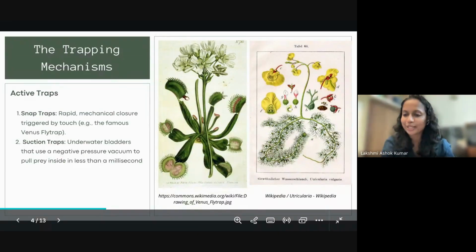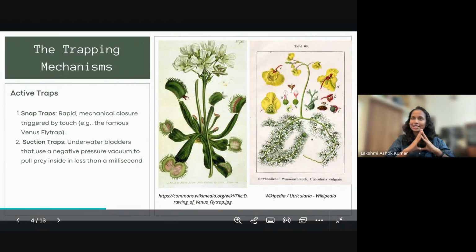So now we can look into the different trapping mechanisms that these different families of carnivorous plants use. This is very interesting. People who know about carnivorous plants are, I'm sure, very interested in Venus flytraps.